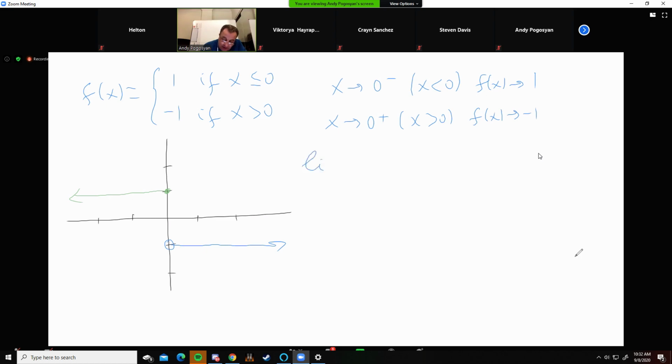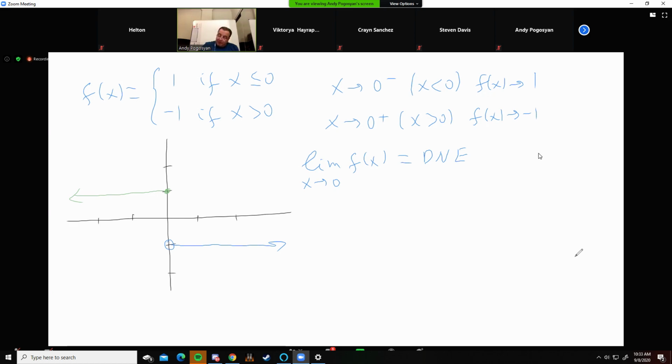The limit of f of x as x approaches 0 does not exist, because from left and right we approach and we get different values.